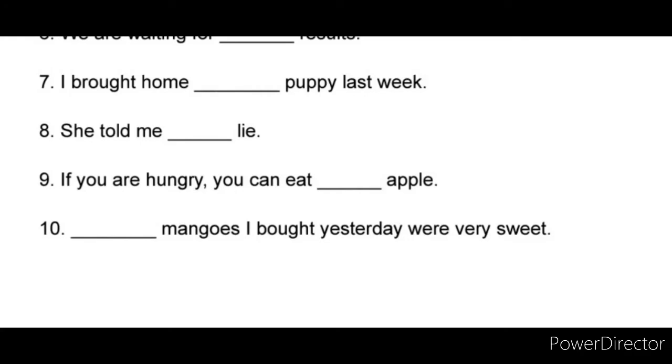The next one, ninth one, if you are hungry, you can eat dash apple. Then next one, dash mangoes I bought yesterday were very sweet.